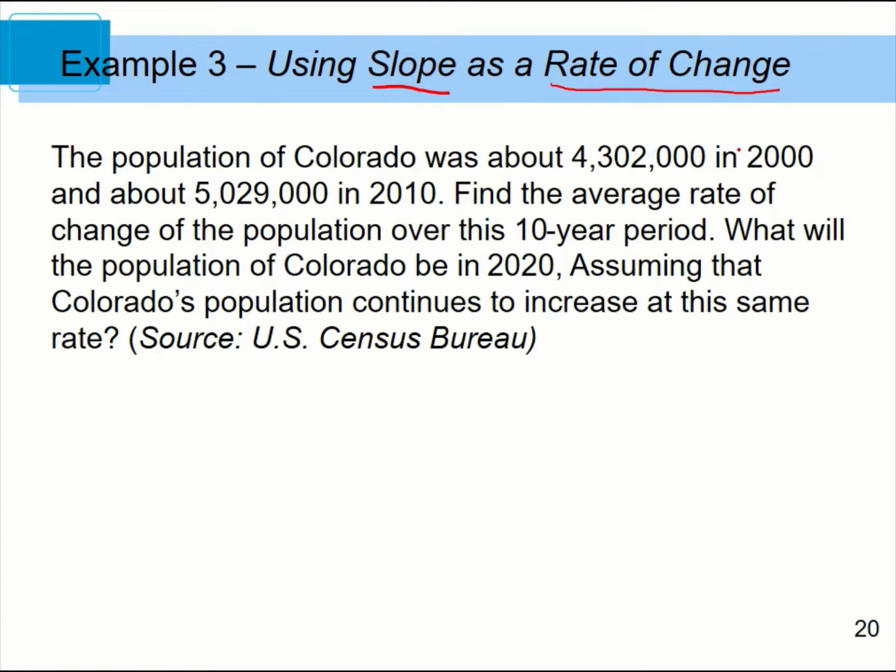So we have the year 2000. When the year is 2000, we take it as year 0 because we start counting at this year. What is the population? The population is 4,302,000.